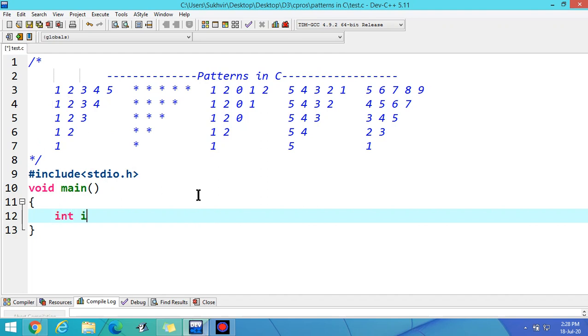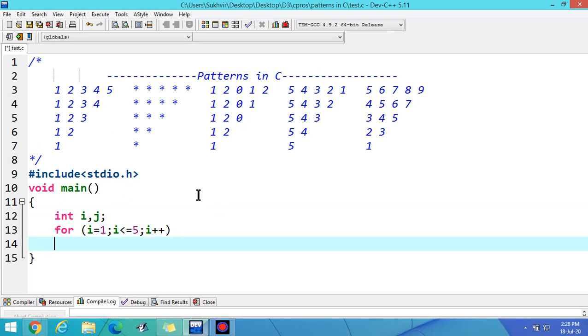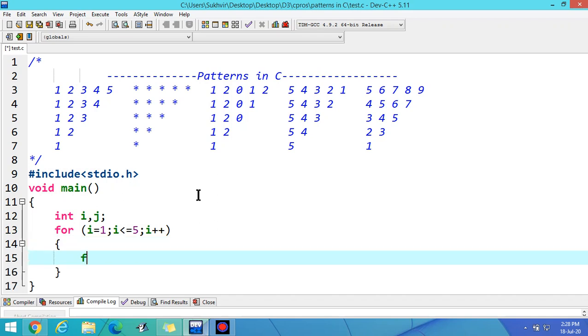We already know two variables are required for this. For i is equal to 1, i less than or equal to 5, i plus plus. Then the second one, for j is equal to 1, j less than or equal to 5, j plus plus.